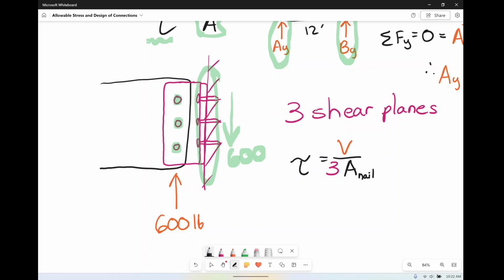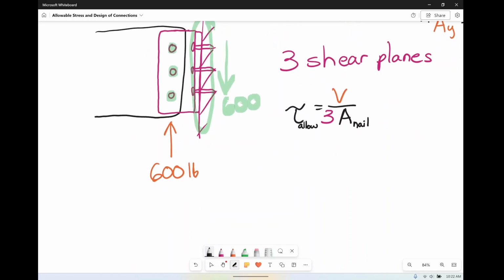We have the failure stress and a factor of safety. This one needs to be the allowable. So before we can even start using that equation, we have to go back to our factor of safety. So our factor of safety, again, is going to be, because this is design, our failure over our allowable.